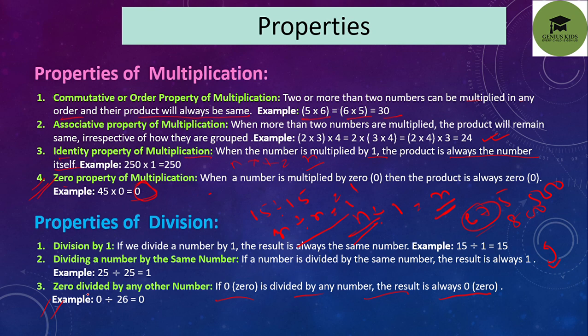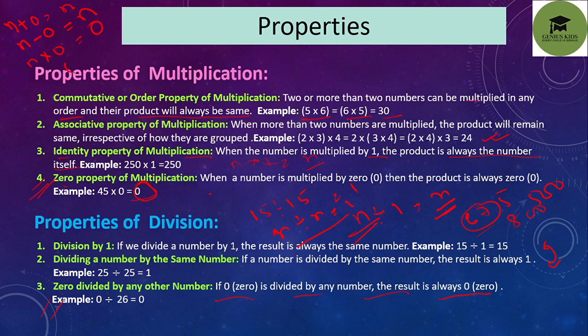So you see in properties of multiplication, division, addition and subtraction, we can summarize the properties of 0. Any number added with 0, you will get that particular number. If 0 is subtracted from any number, you will get that particular number. If you multiply 0 with any number, the answer is always 0.